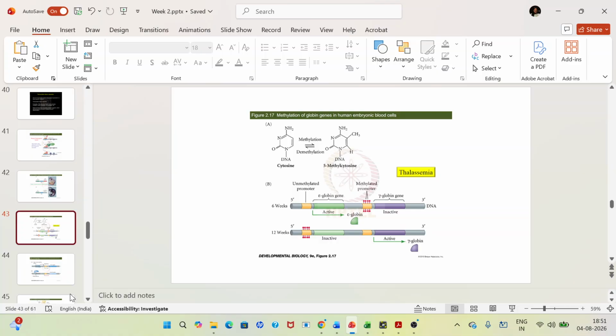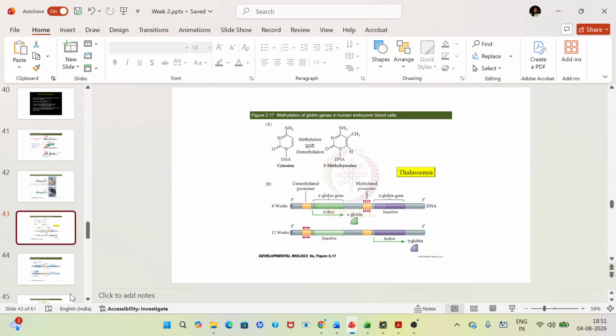Okay, so here methylation is inactivating again, and wherever the CpGs of any particular gene are methylated, that means that gene needs to be inactivated now, or the transcription at that particular gene will not happen, or at that particular exon will not happen.